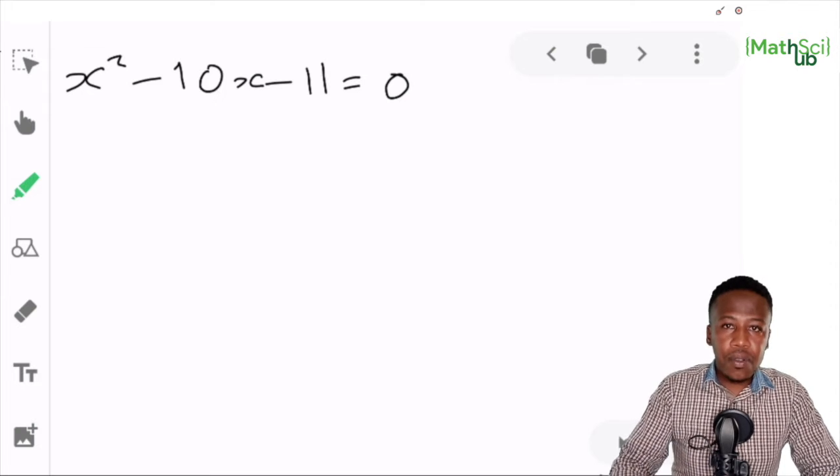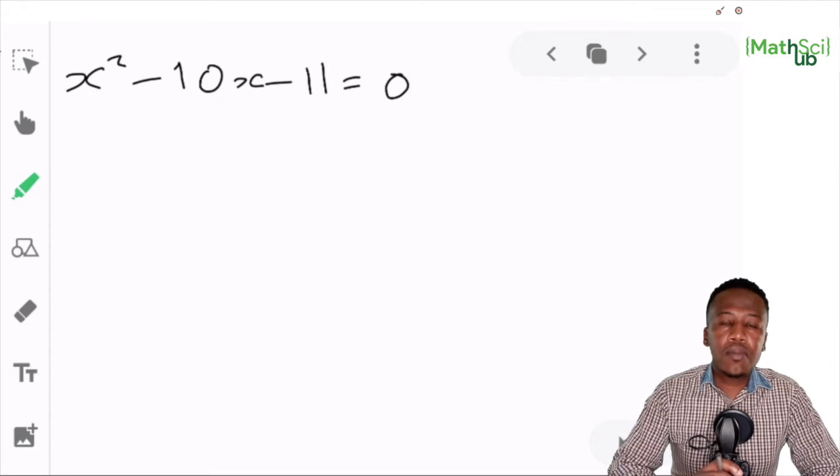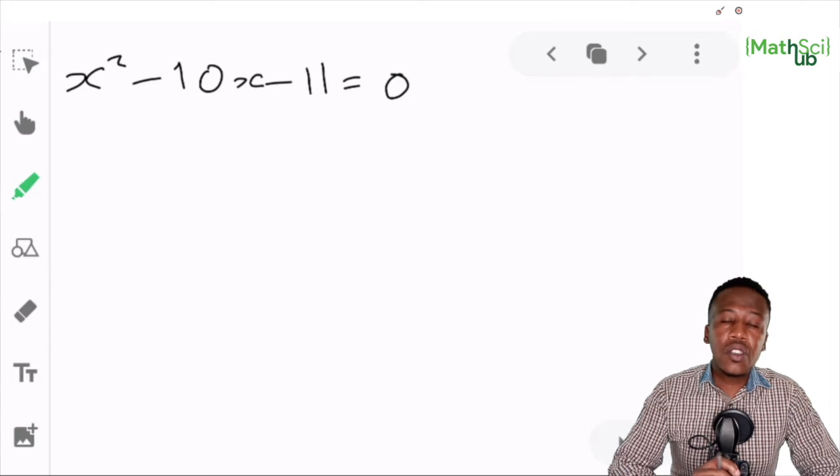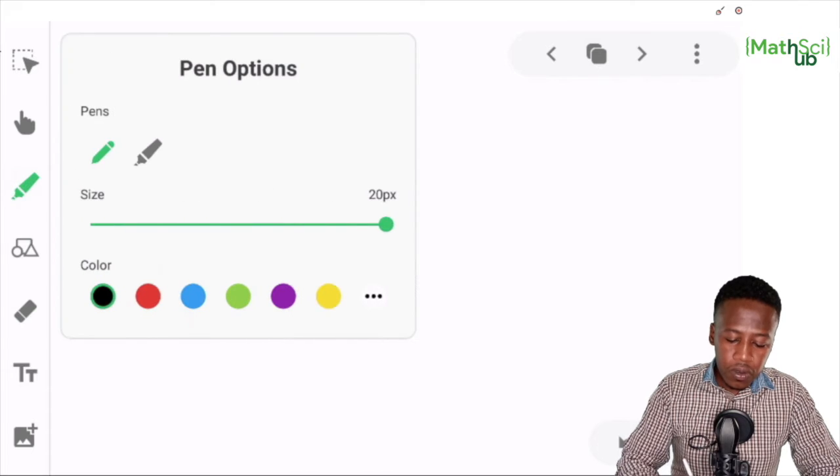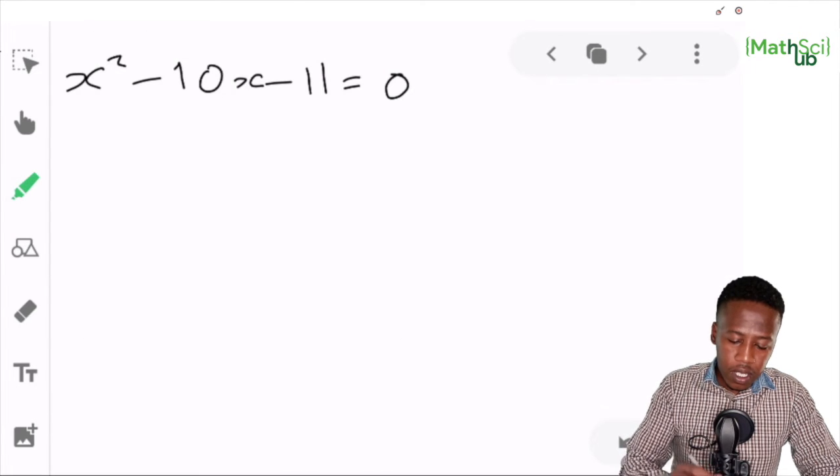In this example, you solve for x by completing the square. There are unique steps that you need to follow when you complete the square. First, check your coefficient of x squared. Try to check whether you have 1 as your coefficient.